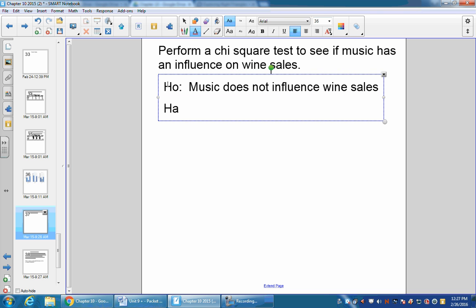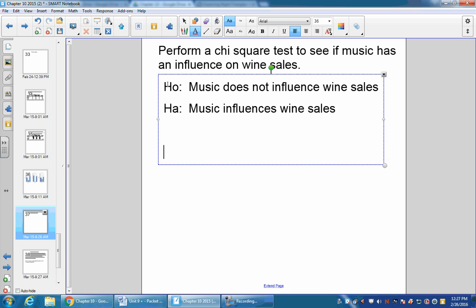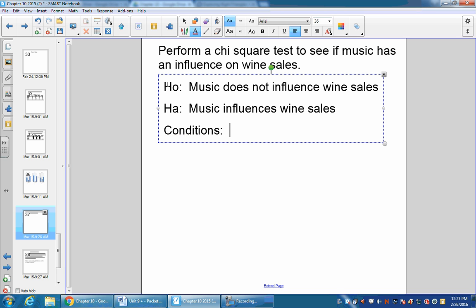Your alternative hypothesis: music influences wine sales. That's it. Pretty easy. Conditions: data come from multiple SRSs.